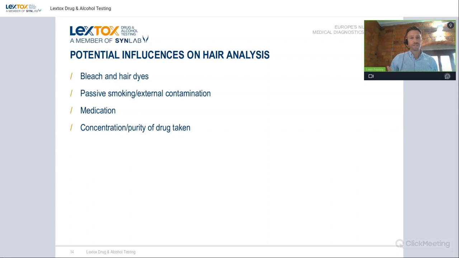Well, we have 3 measures in place to prevent a positive result from passive smoking or external contamination. The first is that we wash every single hair sample prior to analysis, so that removes any traces of drug on the outside of the hair. So what we're analyzing is what has actually been ingested into the body and incorporated into the hair itself.